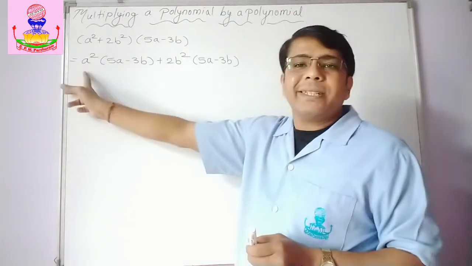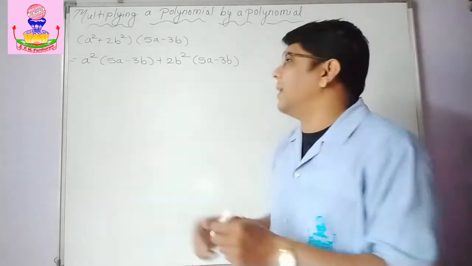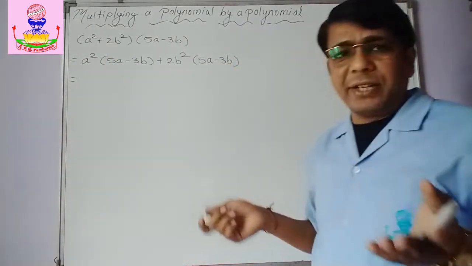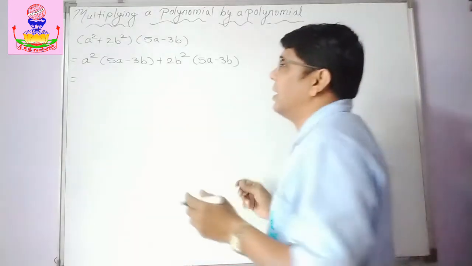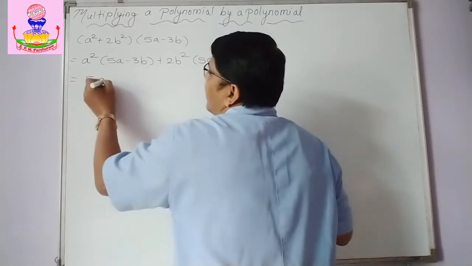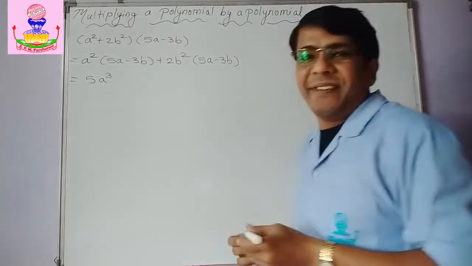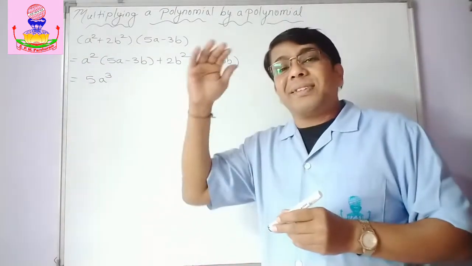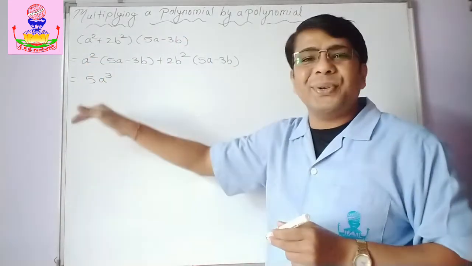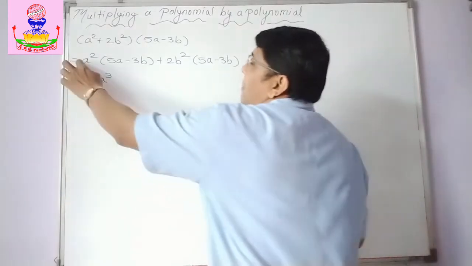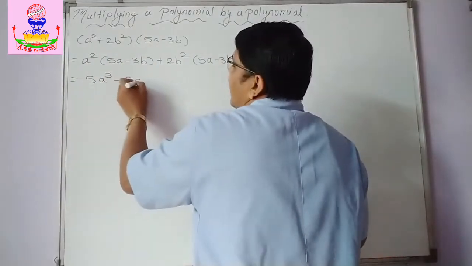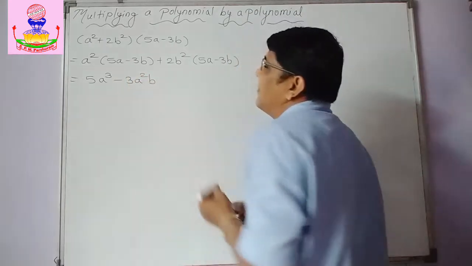So if you are expert, you can directly multiply. Means in the previous example I have shown the multiplication. You can go by that way also. But here suppose if I do it like this. 5 ones are 5, a square into a, a cube. Okay. Now we are that much acquainted with it, and so we can directly do it. Now plus into minus, yes, minus 3a square b.